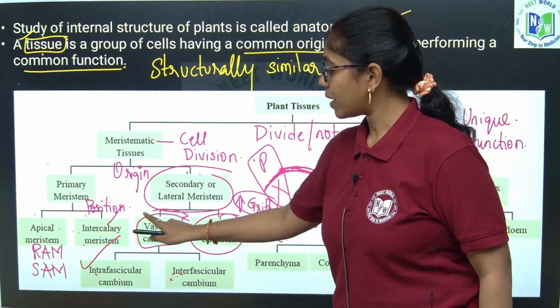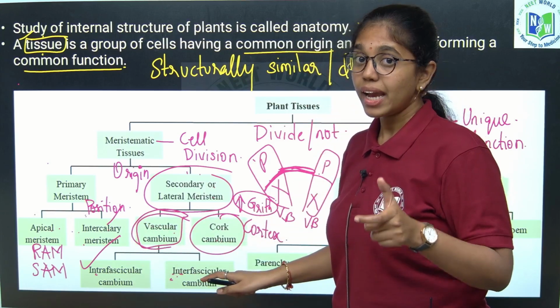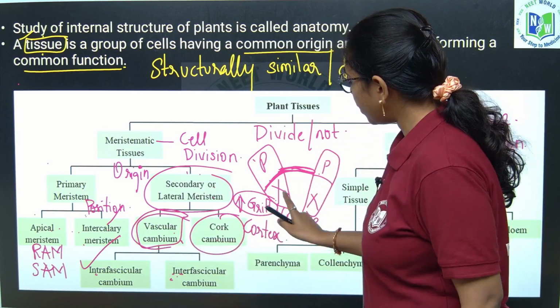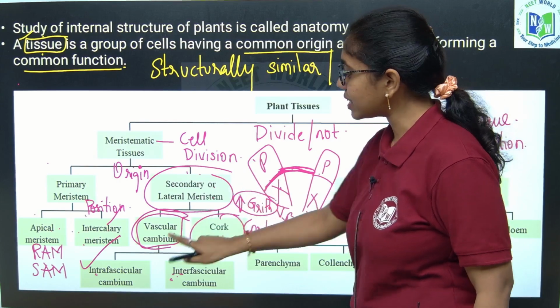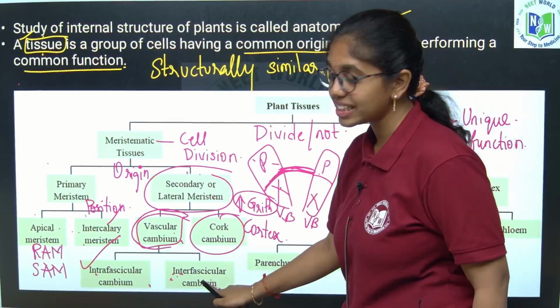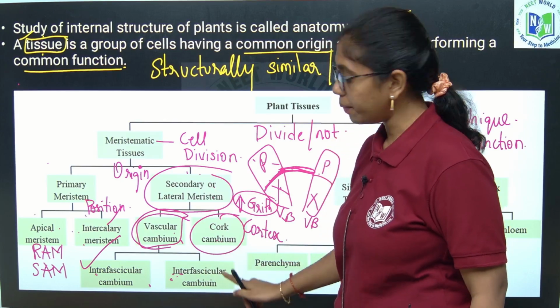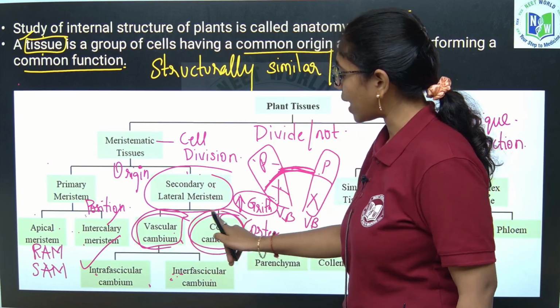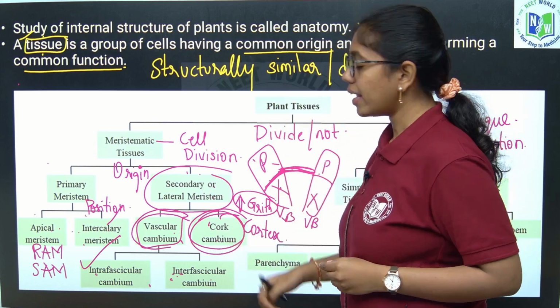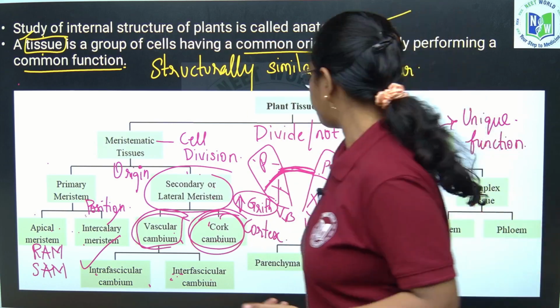If it is present in the stellar region between vascular bundles, it is vascular cambium. If it is in between xylem and phloem, it is intrafascicular cambium. If it is in between two vascular bundles, it is interfascicular cambium. If the secondary or lateral meristem is present in the cortex region, then it is cork cambium.